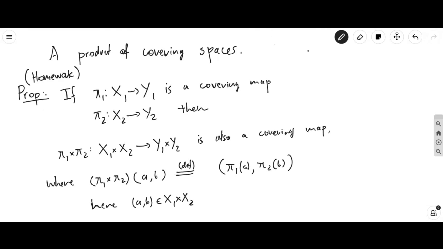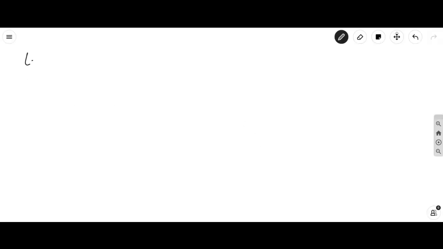So as an example, you can generate a new covering. So here's an example of this. So let pi from the real line to the circle be the exponential map. So pi of x, of a real number, is e to the 2 pi ix.